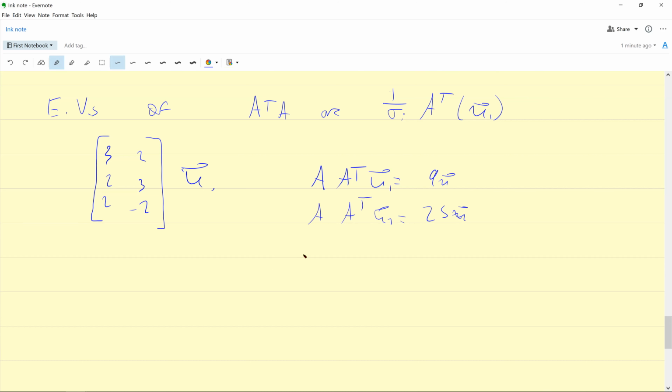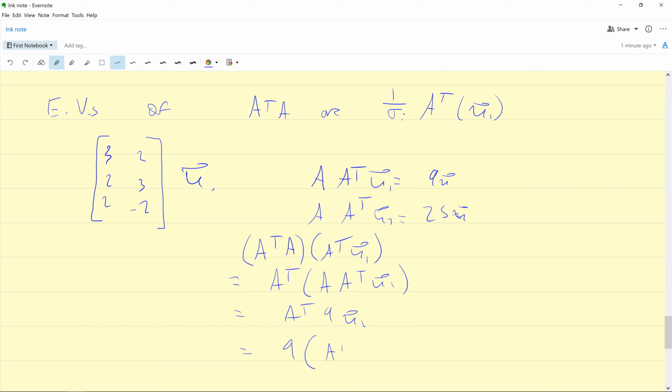Now what we're saying is if we are trying to find the eigenvectors of A transpose A, then we're going to be able to put in this A transpose u1, rearrange, and then get A transpose times A transpose u1, which is 9u1, which is 9 times the vector we put in.